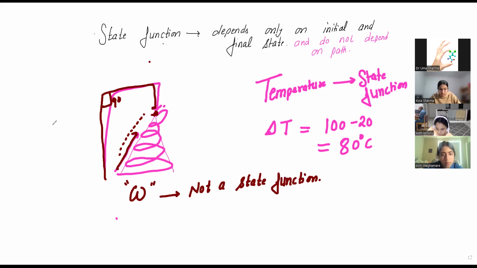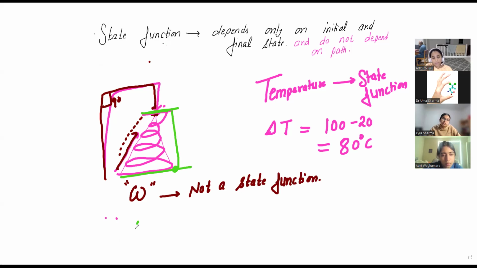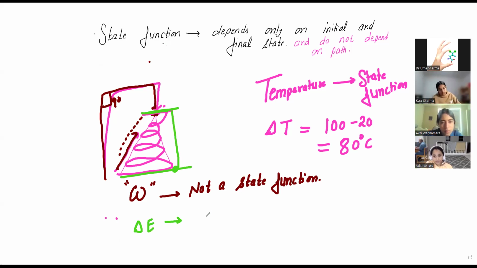Are you understanding this? Why? Because it depends on the path. What about the total change in potential energy from here to here? You were here earlier. Is the total change in the energy a state function? Yes. You use different paths, but the delta E is the same, so it is a state function.